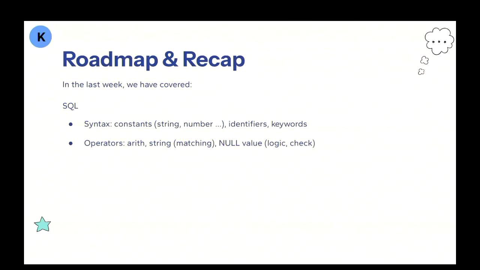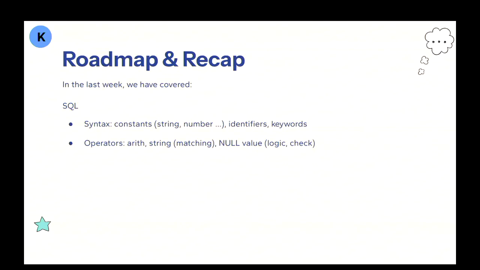There's a special case for the operators, and that's the null value, because most of the operators are null preserving, which means that if one of the operands is null, the entire result becomes null.